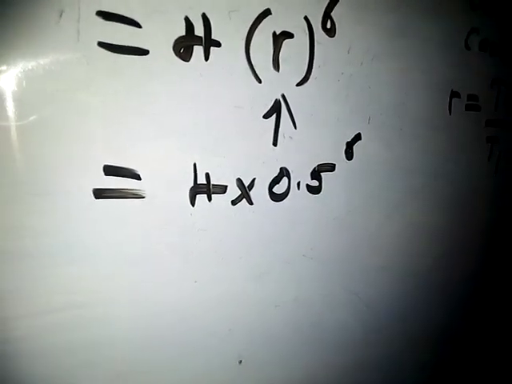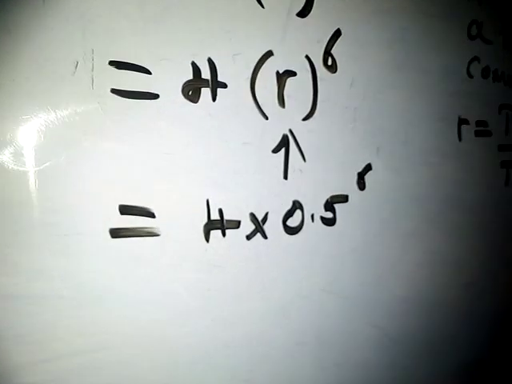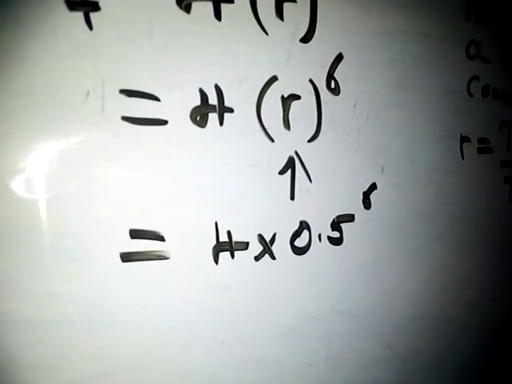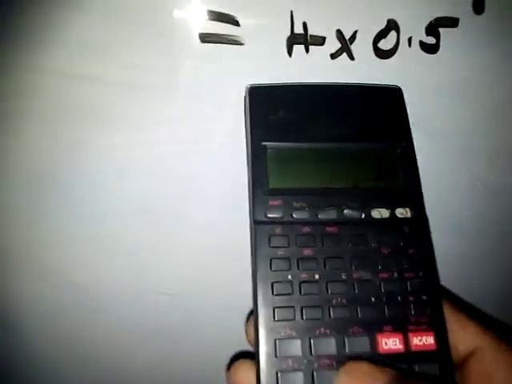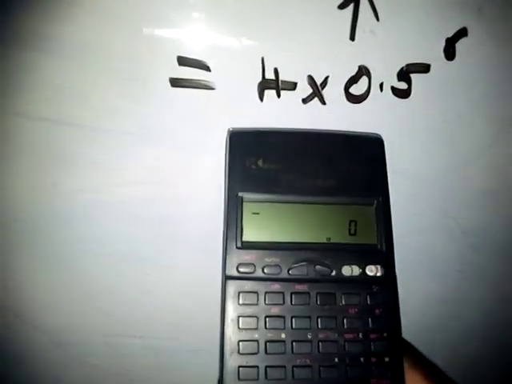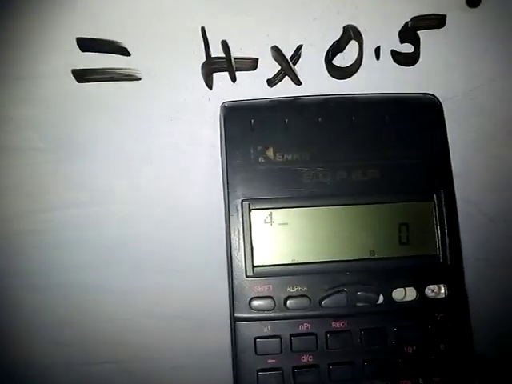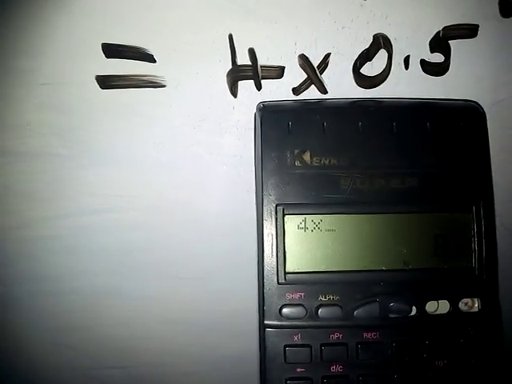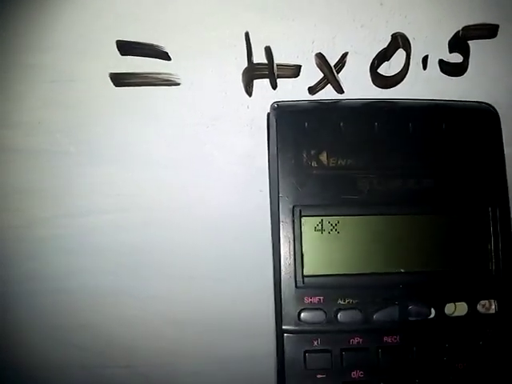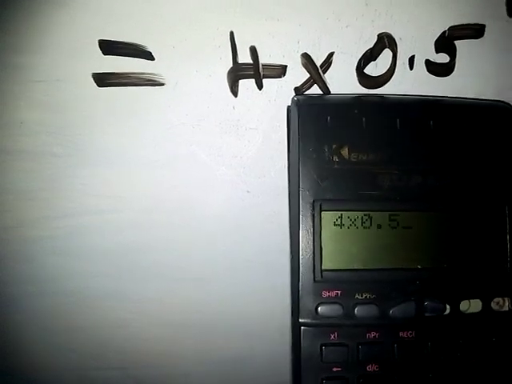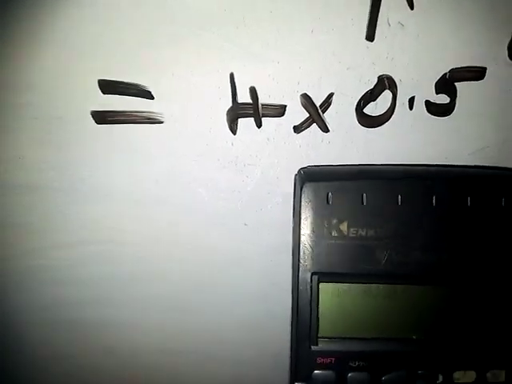Then from here, you get your calculator. In this case, we're going to say 4. You press the number 4, then you say times 0.5 to the power.